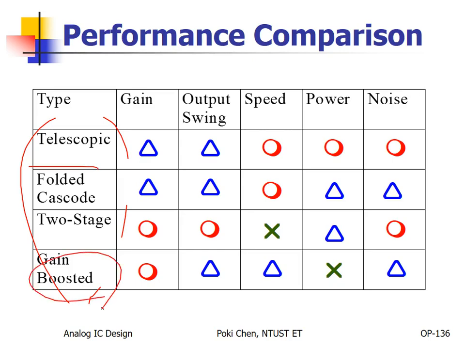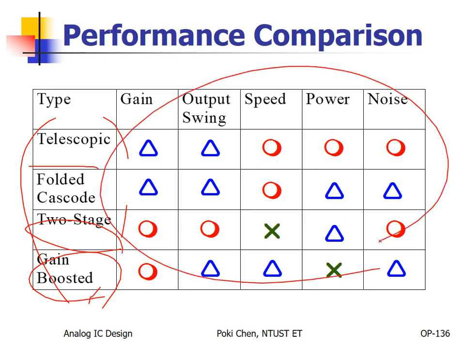Oh, gain boosted or 2 stages. Okay, but how about the operation speed? The higher gain usually means the lower operation speed. Okay, the smaller bandwidth. Okay, for your reference. Anyway, I told you already.